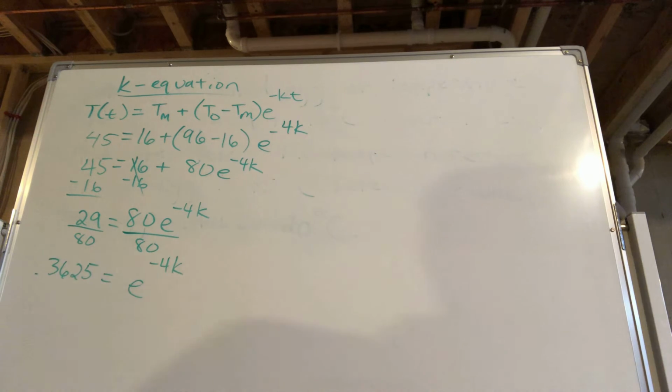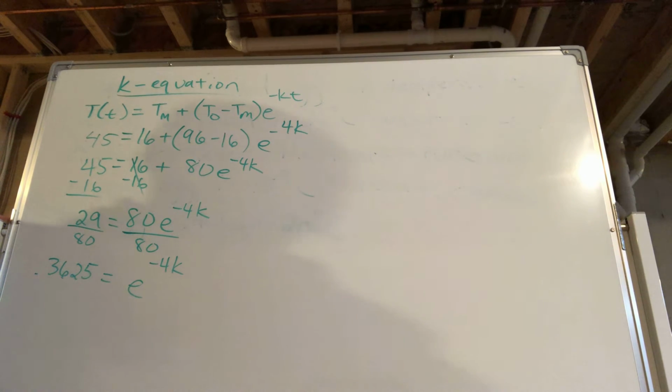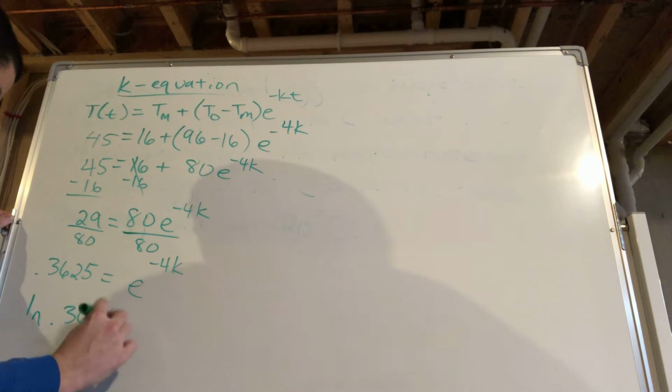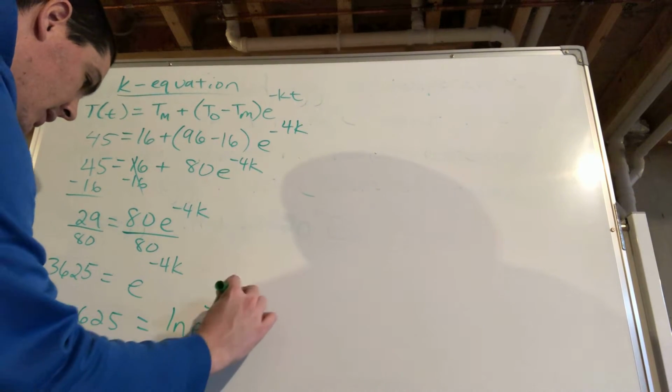You can do ln of both sides, you can take log base 10 of both sides. Some calculators can do either easily. I always like to do ln, especially when you have e in there. Probably a good idea to use ln. So let's do ln of 0.3625, and that's going to equal ln of e to the negative 4k.